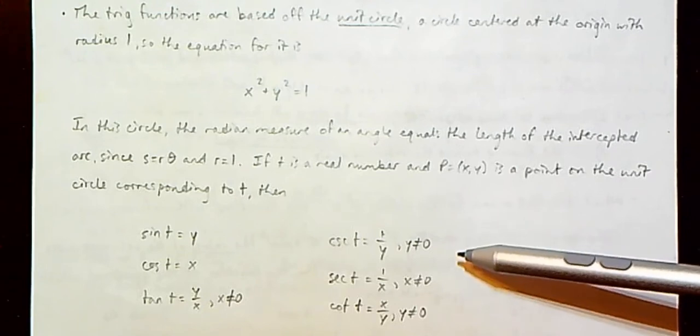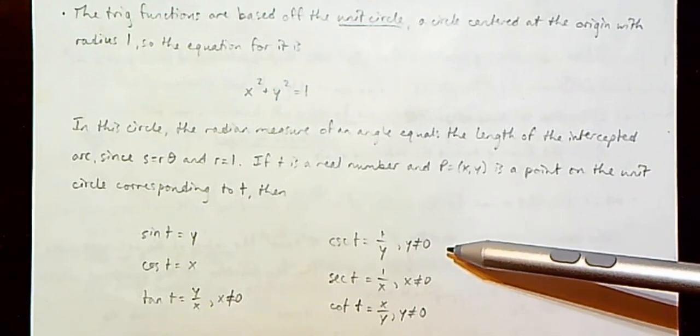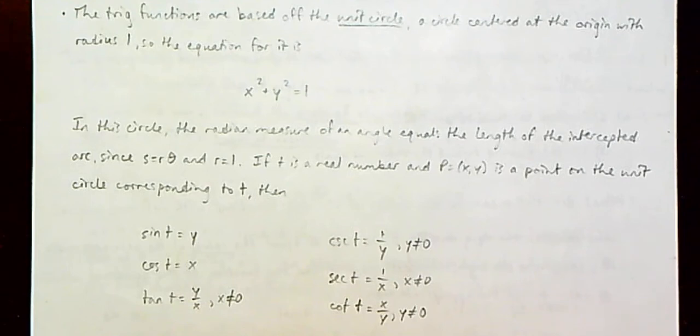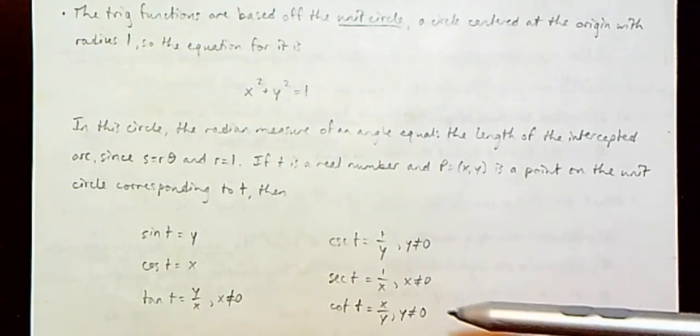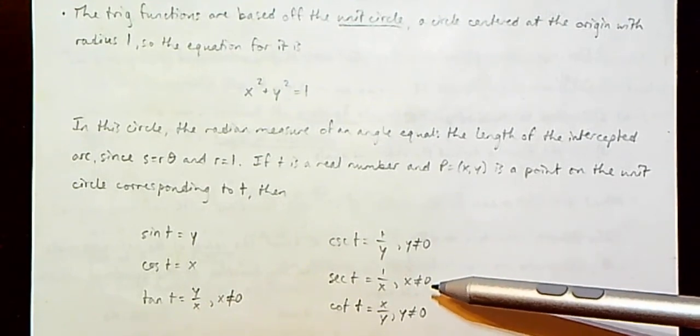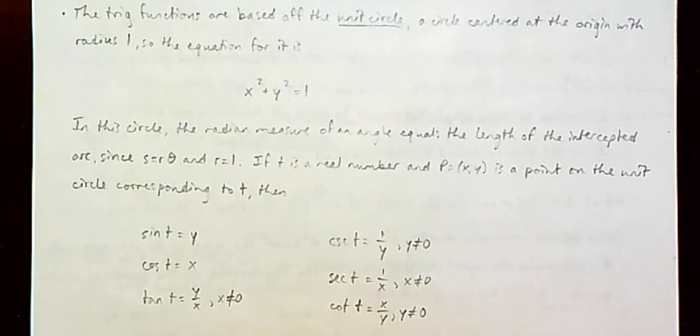Sine of t is just the y coordinate, cosecant of t is 1 over y, cosine of t is just the x coordinate, secant of t is 1 over x, and then tan of t is y over x, and cotangent of t is x over y.